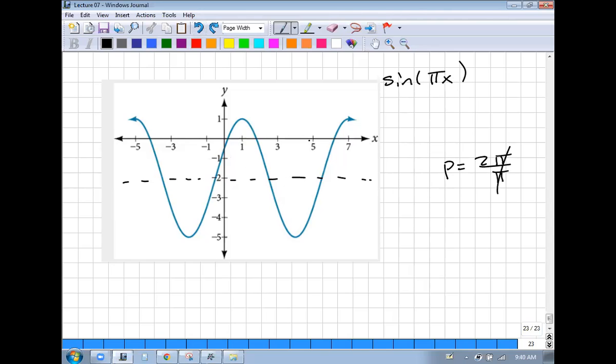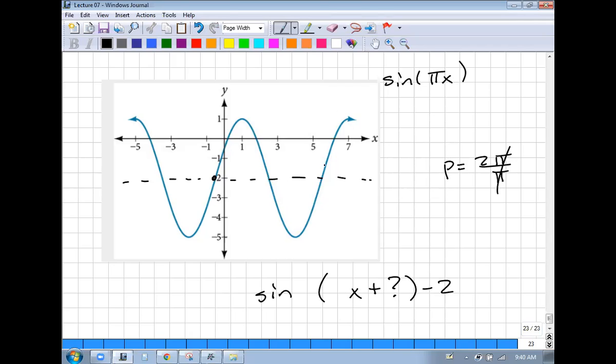But we could tell that it's been moved down by 2. Okay. And if we think about this, it looks like a sine, right? That's been shifted to the left by a little bit. So we got something here. What is our period?